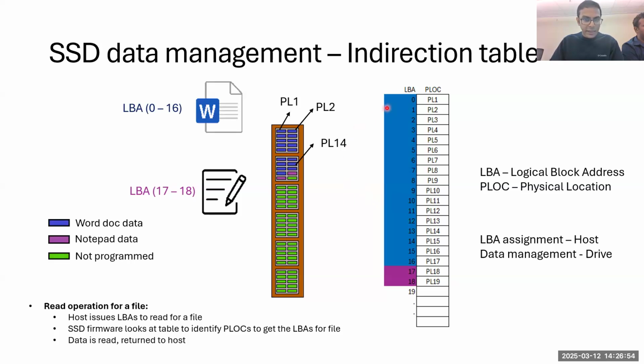So what that means here is LBA 0 to 16, which comprises all the Word document related data, are located in these physical locations on NAND. And LBA 17 and 18 are located on physical locations like 17, 18, and 19 here. And from 20 onwards, it's all not programmed yet.